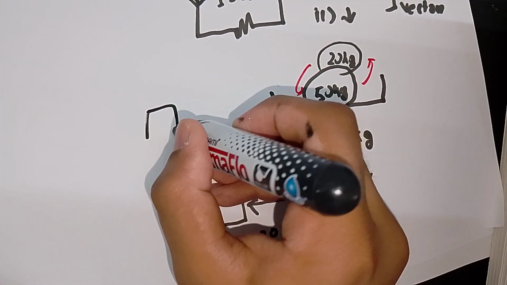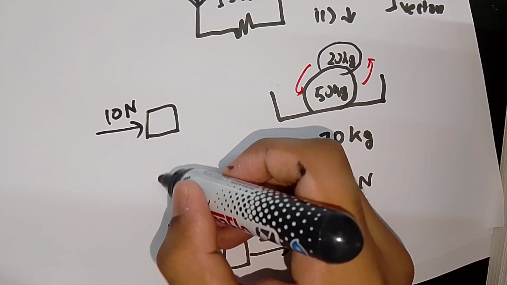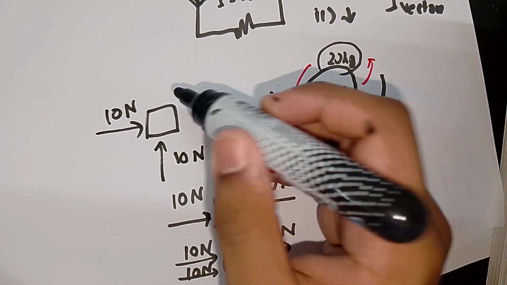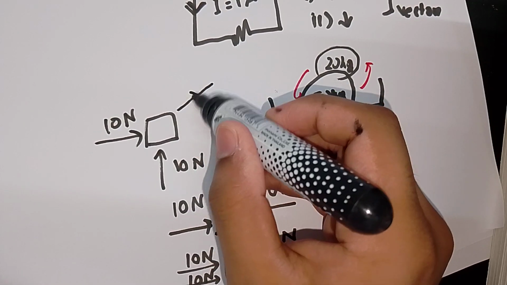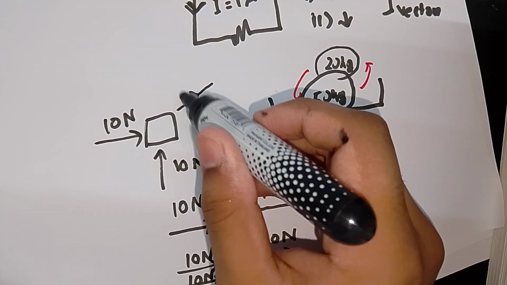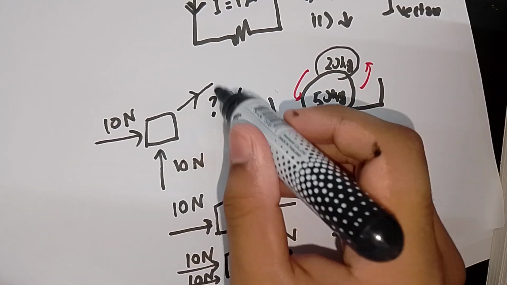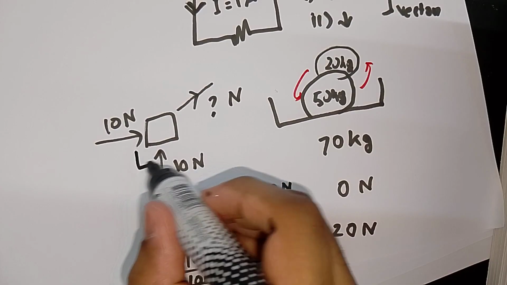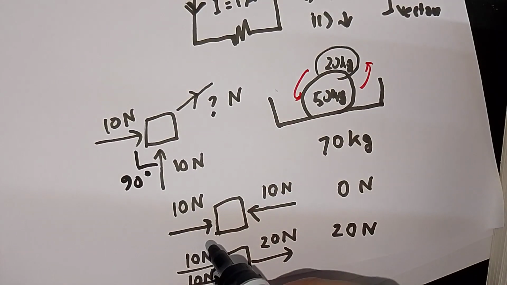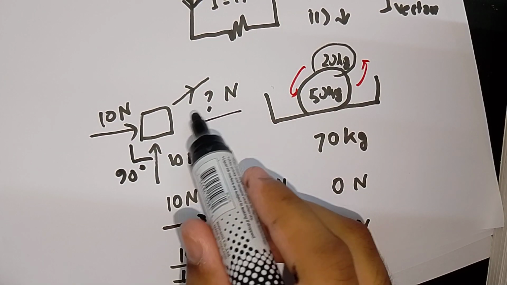For another example, let's say we have the object here and someone's pushing 10 newtons from here, someone's doing that from here. Intuitively, you should be able to tell that this object is going to go along this direction, feeling an unknown amount of force. So here we change the angle, 90 degrees, and the direction as well as the value of the force would change.